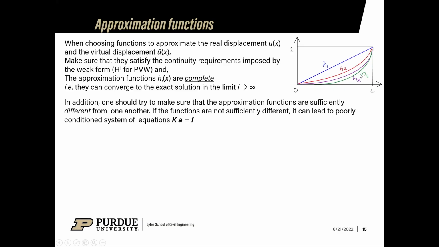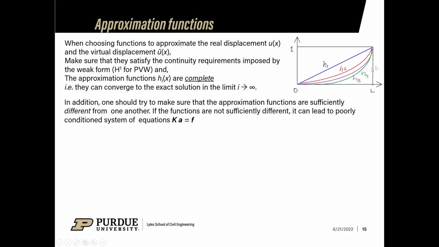Similarly, h4, h5, and h6, if you were to plot higher order polynomials, would continuously look more and more like each other. So by adding functions that look like each other, we are not necessarily enabling the Ritz method to compute a better solution.